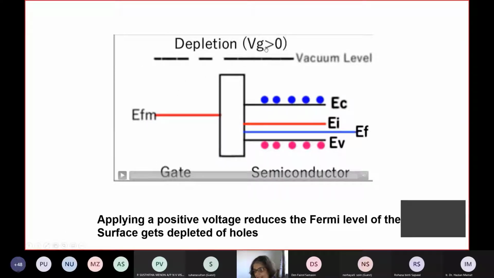If, on the other hand, we apply a small positive gate voltage, that has the effect of reducing the Fermi level on this side, and it bends the bands downwards. It depletes the holes on the surface because this is p-type, and that condition is called depletion.